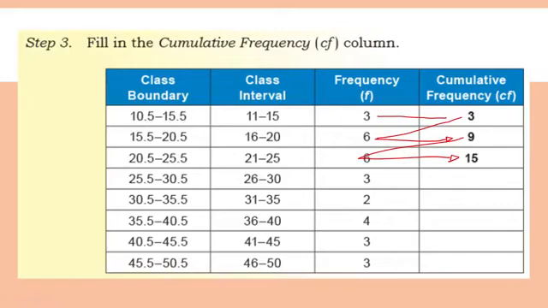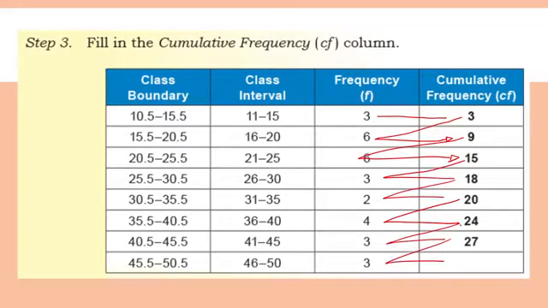Next is 18. 18, correct. Next is 20. So you have 18 and you have 20. Next would be 24. 24. Next to 24 is 27. 27. Next to 27 is 30. 30. Okay. So take note, 30 also tells you that the total frequency is simply 30. That's your N.